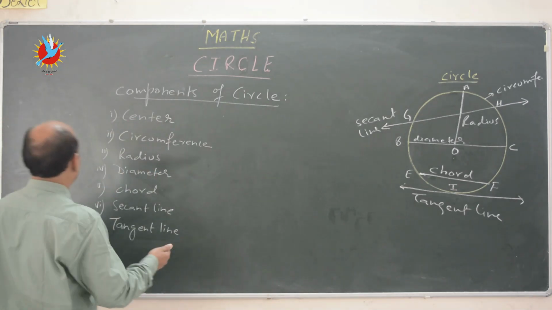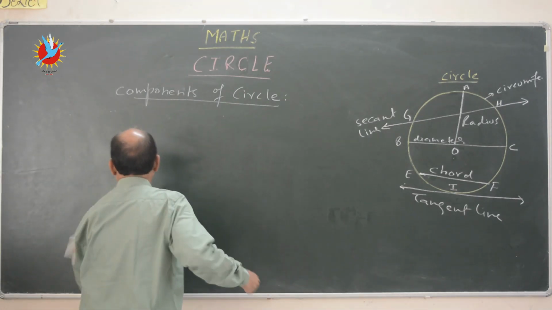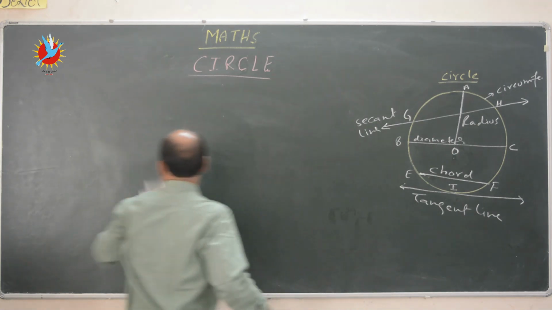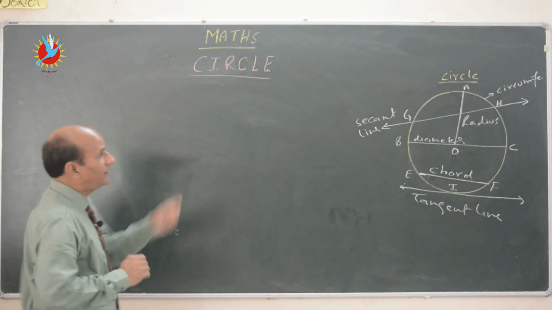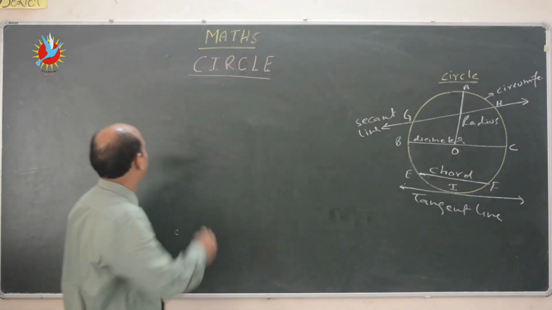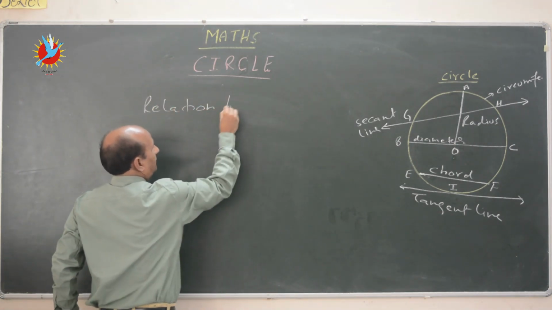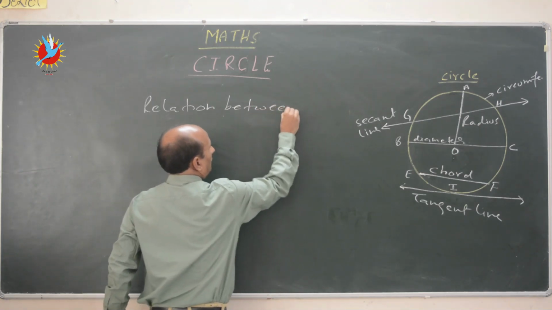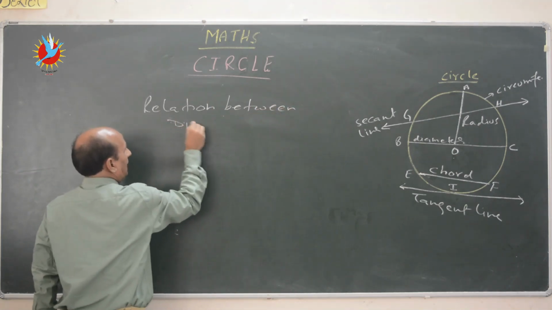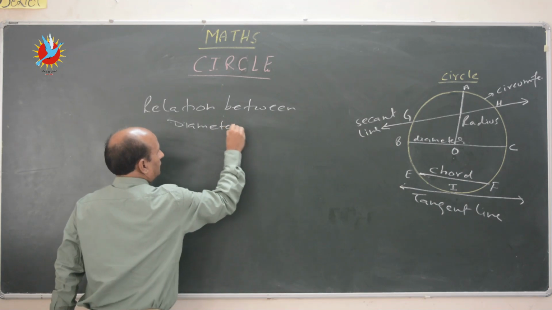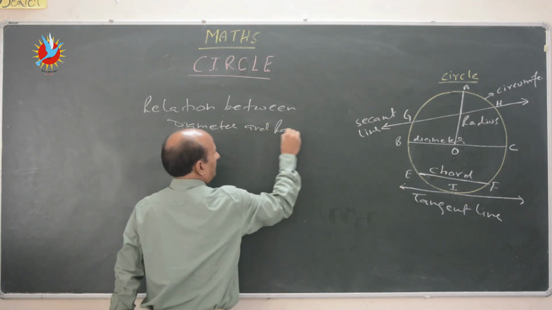Now today we have discussed only one relation, that is the relation between diameter and radius.